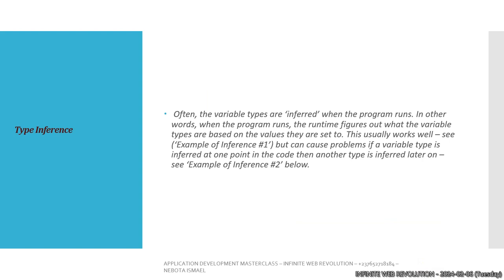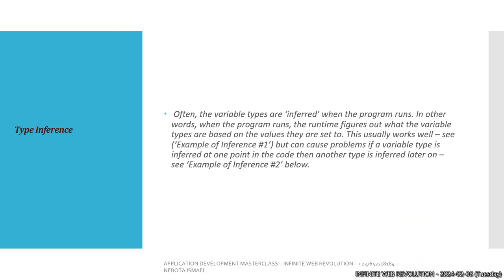This usually works well. Okay, now what are we actually seeing here? Whenever the program wants to run, the program actually needs to understand what variables they hold, what their data type is, and everything.